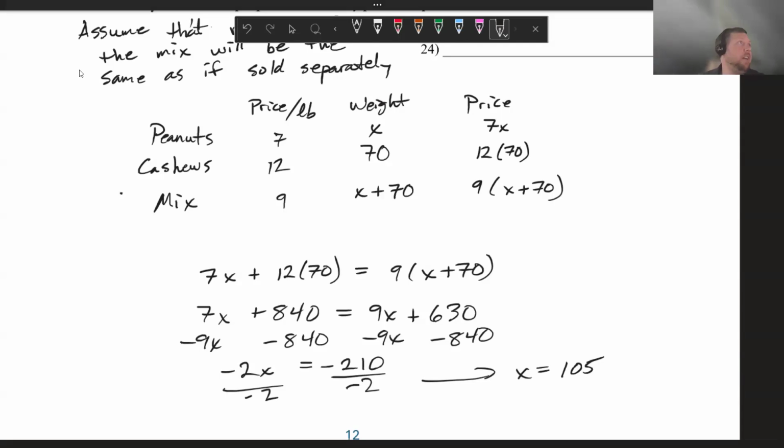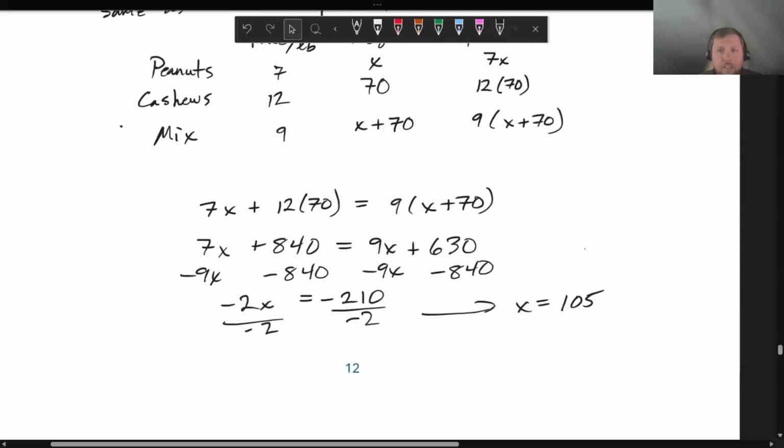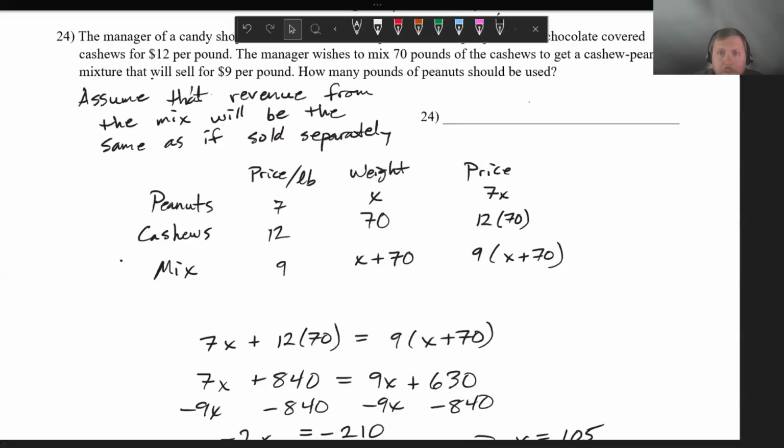And if I want to check that, I can just punch it into a calculator. So I have 105 pounds of peanuts.